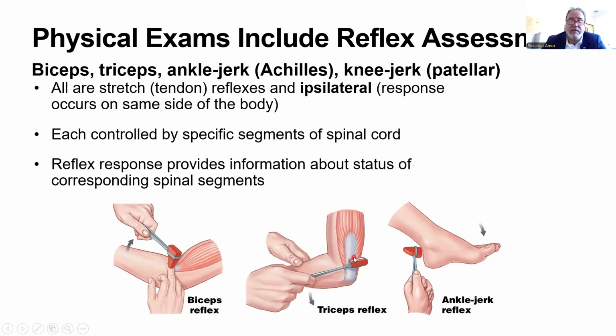If we strike the tendon of the triceps brachii, we extend the arm. If we strike the calcaneal tendon, which is formed by the gastrocnemius and soleus muscles, you will do plantar flexion. Okay, so all of these are stretch reflexes, and they're happening at the same side of the body, so they're ipsilateral.